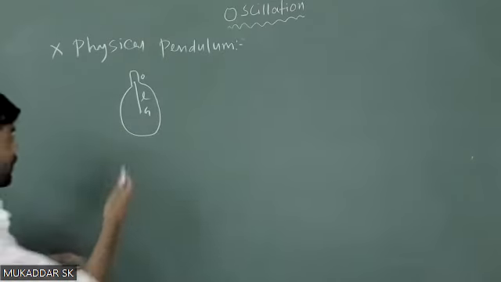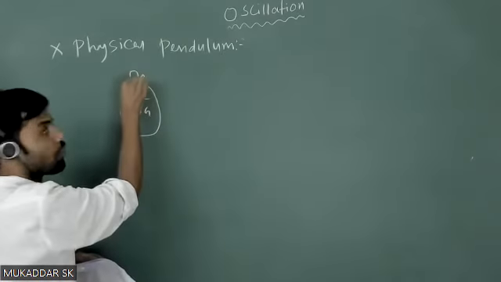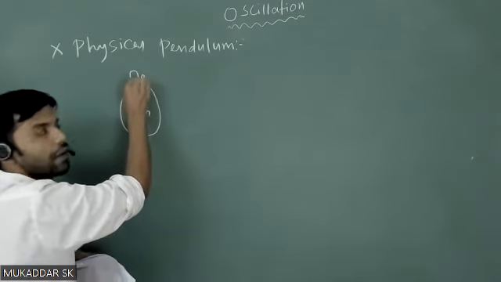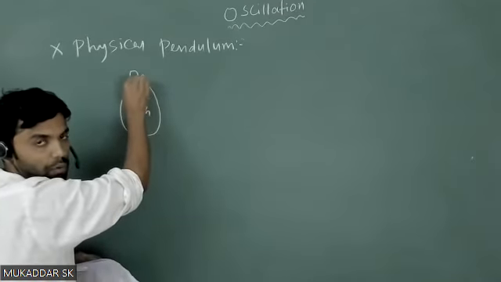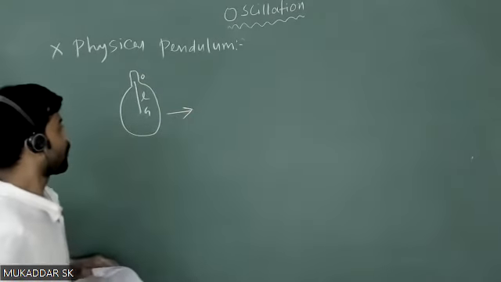So now you rotate this system about this point of suspension. You rotate your pendulum system or body by a small angle theta about the point of suspension. So if you rotate it, then what will be the scenario?